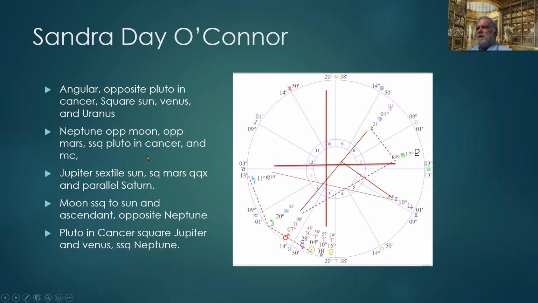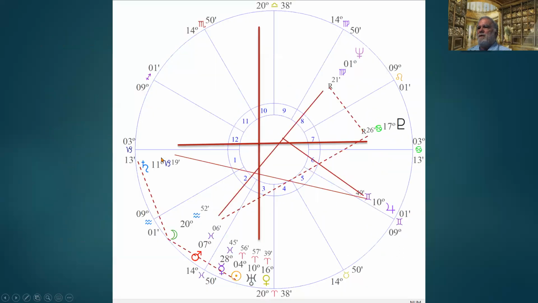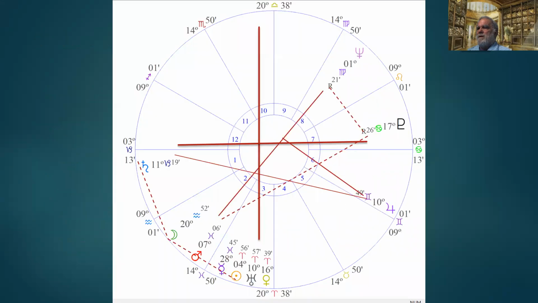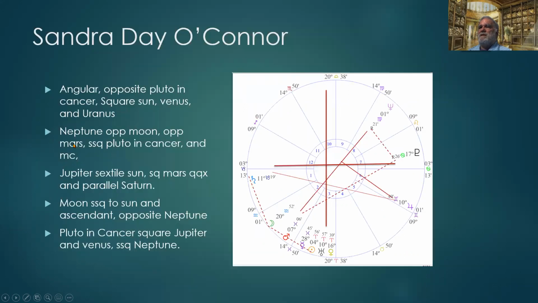Let's see. I'm going through the planets one at a time, the constants one at a time. Angular, we have Saturn. Saturn is angular. If you look at her chart here, that Saturn is very prominent by its position over here, right? It's in the first house. It's conjunct the ascendant, right? And then it is discordant.